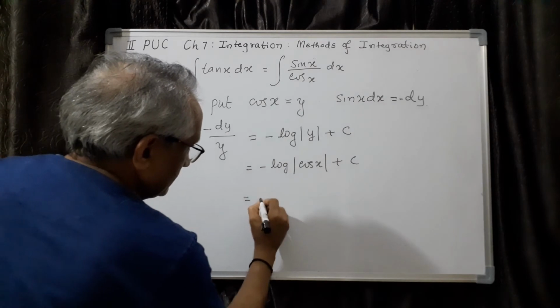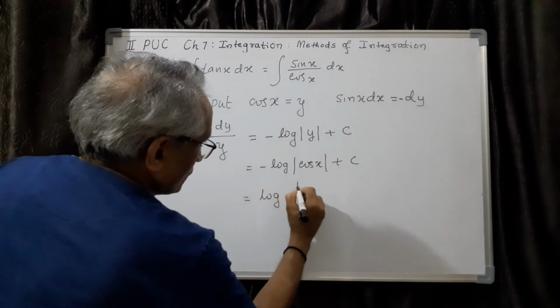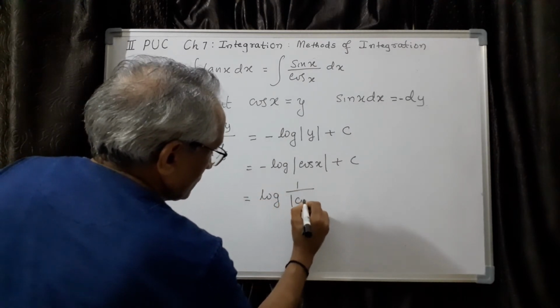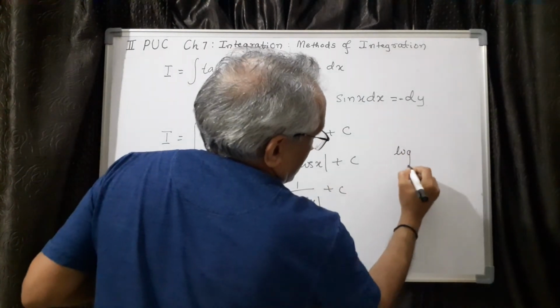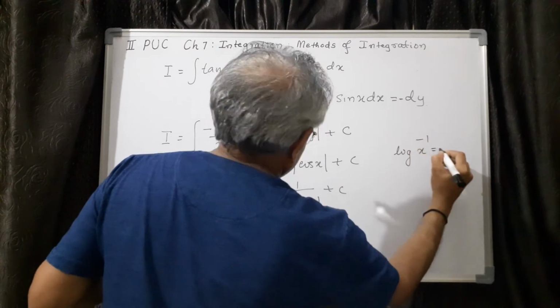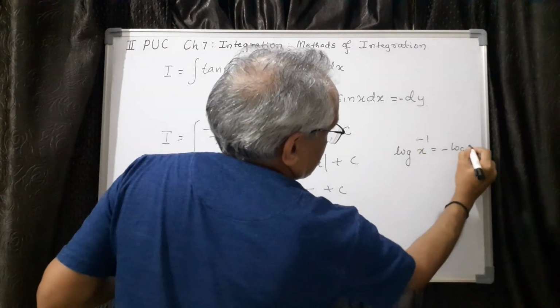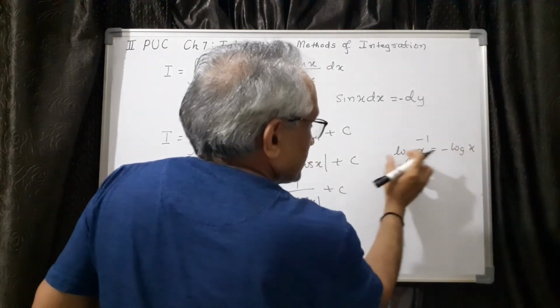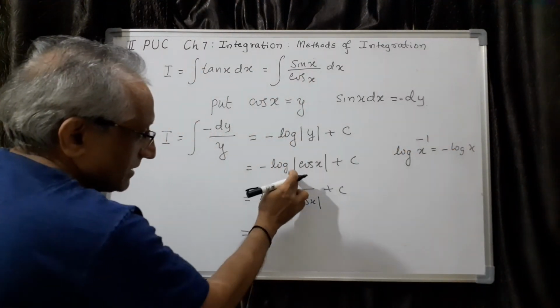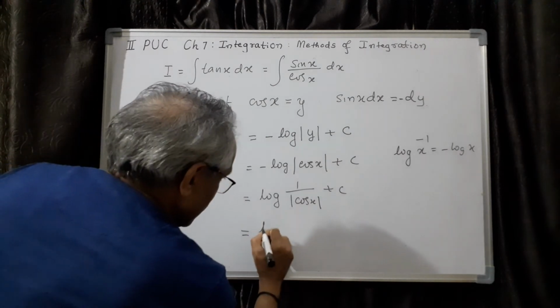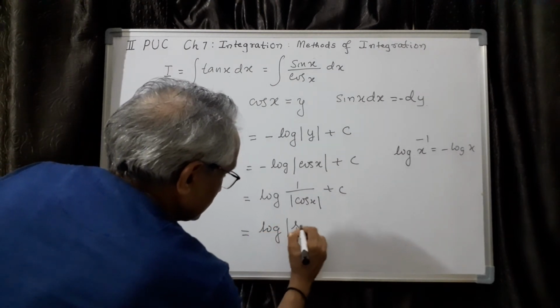Therefore, I can write this as log of 1 by mod cos x plus c, because we know log of x power minus 1 can be written as minus log x, and if it is minus log x, you can write log power x. So this is the thing. Therefore, what is 1 by cos? Secant. So I can write the final formula: log of secant x plus c.